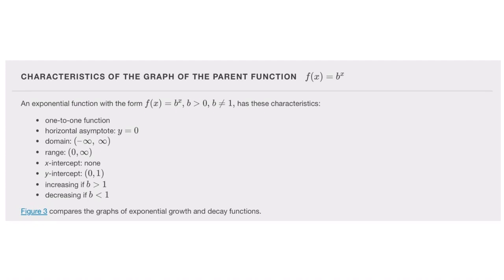There are no x-intercepts, so it doesn't reach the x-axis, and our y-intercept in general is (0, 1). Again, all of these properties hold without any manipulation of the exponential function. The function is increasing if our base is larger than 1, and decreasing if our base is less than 1.